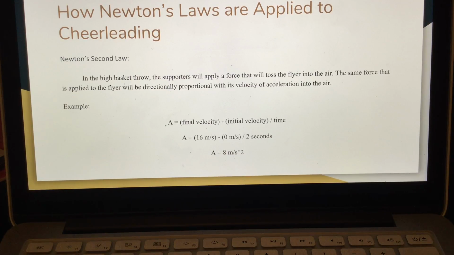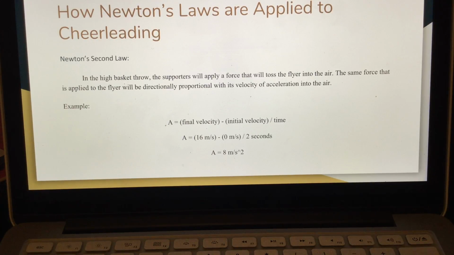So the capital A is equal to acceleration, and in this equation, A equals final velocity minus initial velocity over time. We're going to say that her final velocity was 16 meters per second, and we're going to subtract 0 meters per second, because her initial velocity before being thrown into the air by the supporters was at rest, so she was at 0 meters per second.